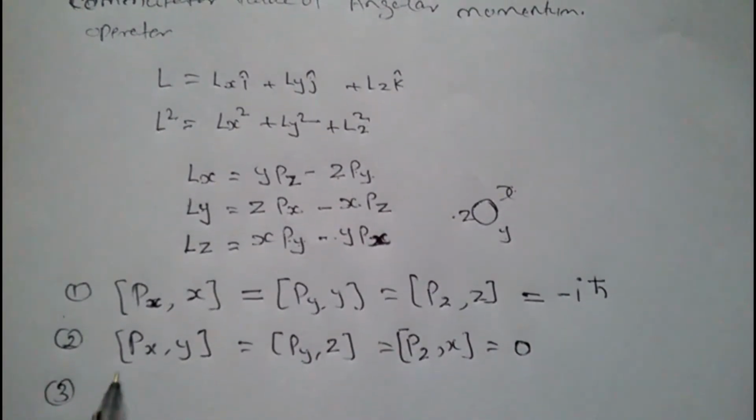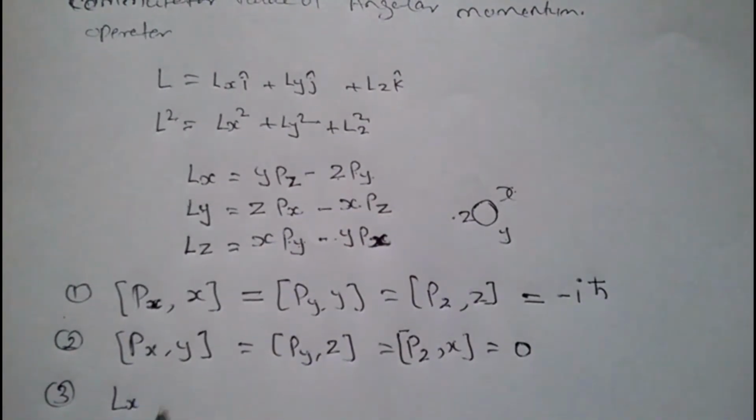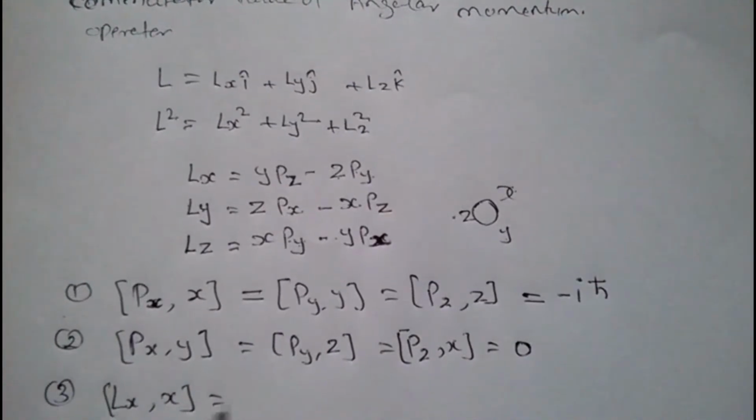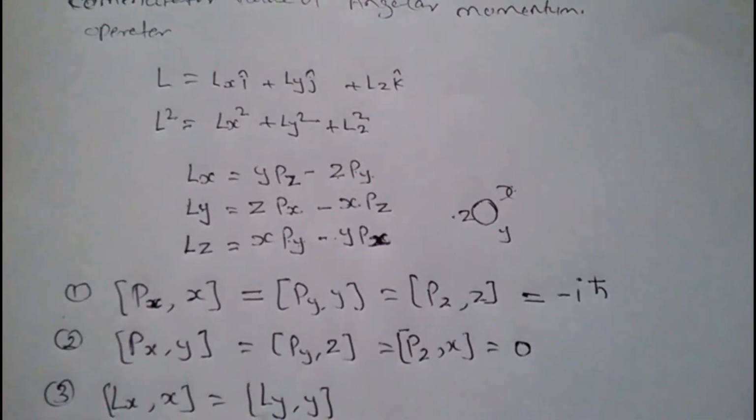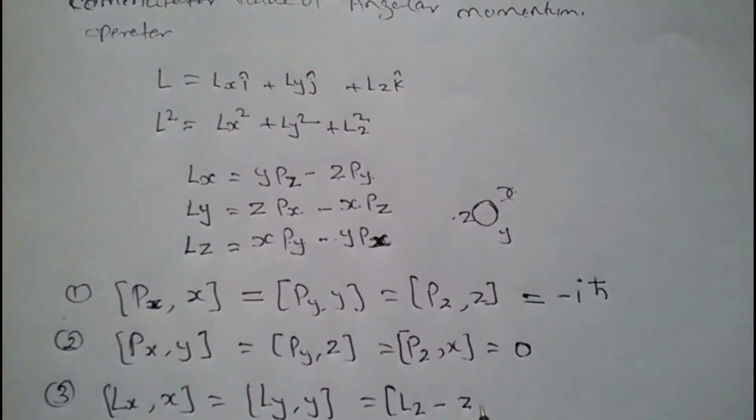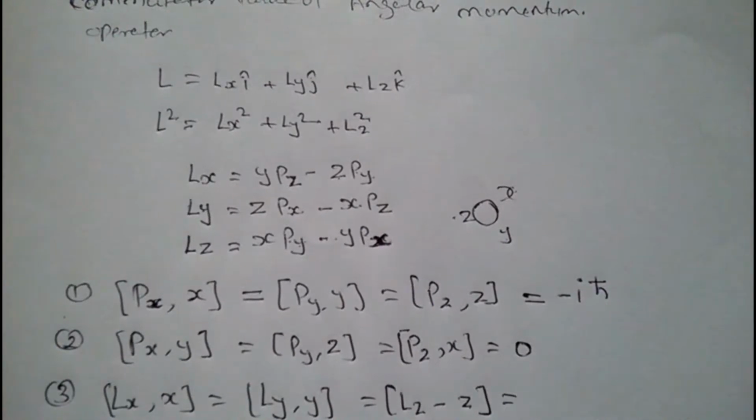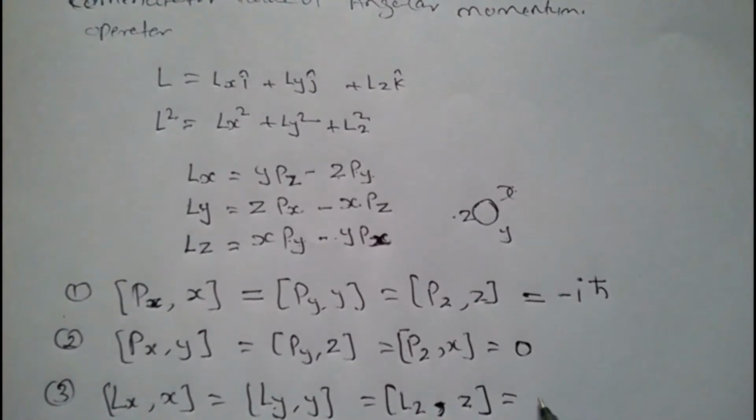Now third, Lx, x equal to Ly, y equal to Lz, z equal to 0. This is angular momentum denoted by Lx with the same axis x, Ly with the same axis y, Lz with the same axis z. So here the value is 0, it commutes.